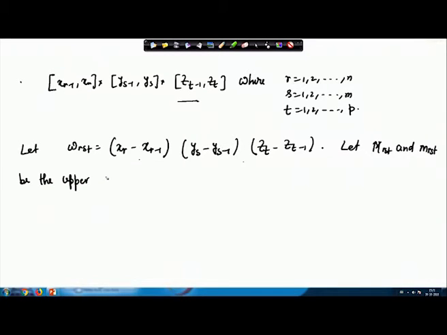upper and lower bound of the function f on this subrectangle, let us say on the subrectangular parallelepiped.